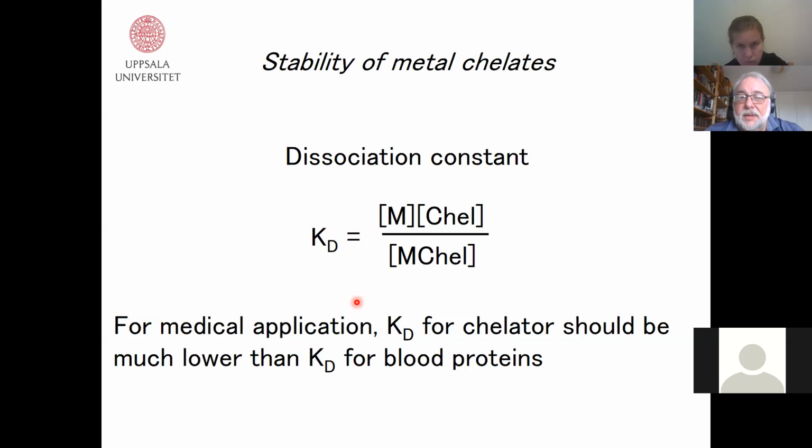And for medical application, it's very much apparent that the KD, or dissociation constant, for the chelator complex should be much lower than the dissociation constant for complexes with chelating proteins. It's no wonder, because in the end, the injected radiopharmaceuticals would be utterly diluted in the blood, while blood proteins are everywhere and challenging.